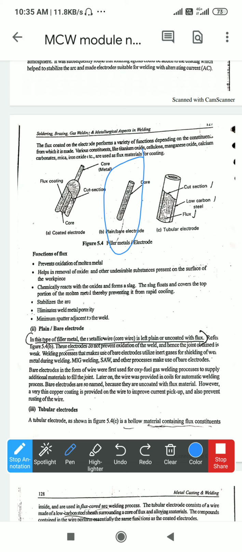In the gas welding method, the core is dipped into the flux, which may be liquid or powder, and introduced to the work material, where the flux starts to melt. These types of electrodes are used there.